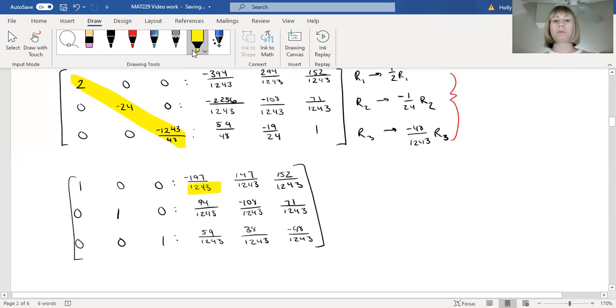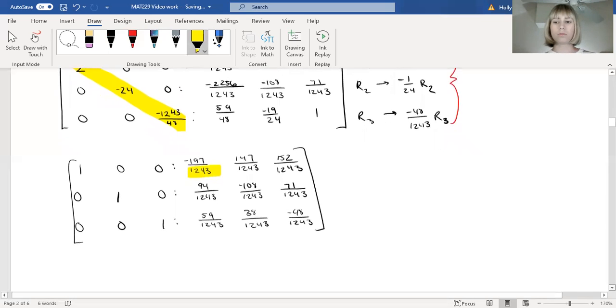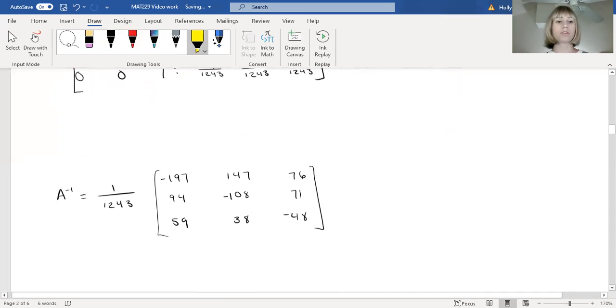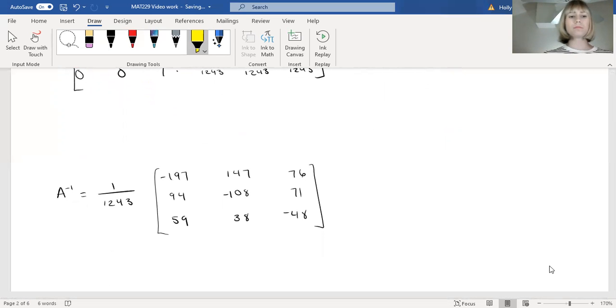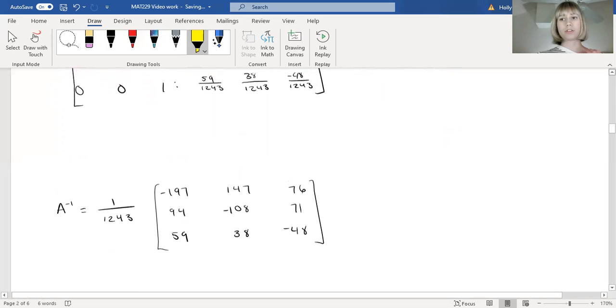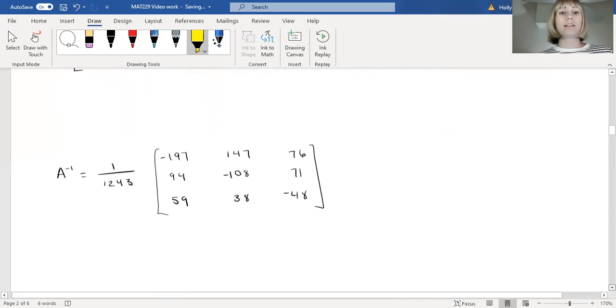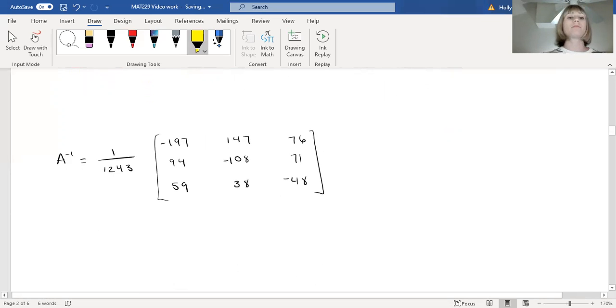And our determinant can be placed outside the inverse matrix. So let's just take a look at what that all looks like. We take that determinant out. Our inverse matrix is now this. 1 over 1243, and all those values that were up in the matrix that we had just solved, those are the same number, just without the denominator, right? Okay, great. So now we have finally got our inverse matrix in the proper format. We have our determinant. Everything is great.